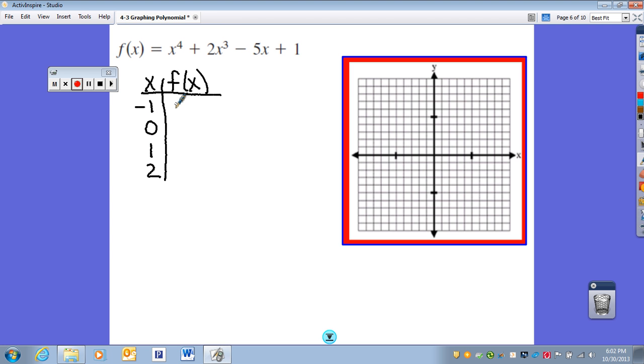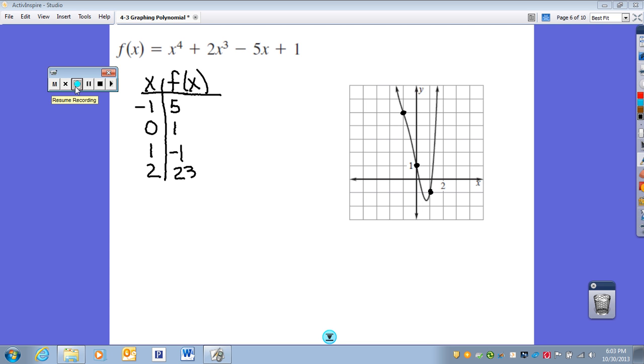When I plug -1 in, either by direct substitution or by synthetic substitution, I will get a value of 5. When I plug 0 in, a value of 1. When I plug 1 in, a value of -1. And then unfortunately, when I plug 2 in, I'm getting off of my chart. So now I'd like to graph these 4 points.